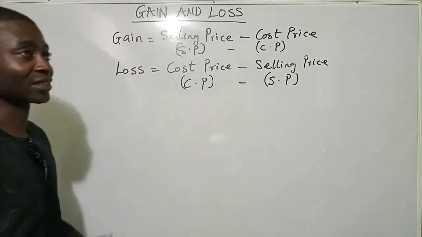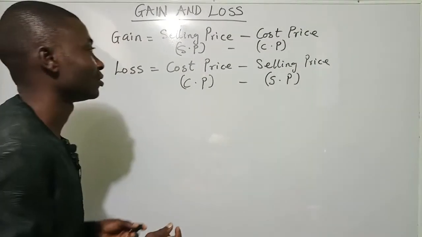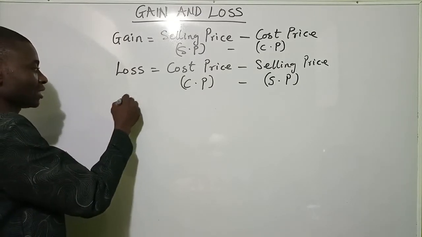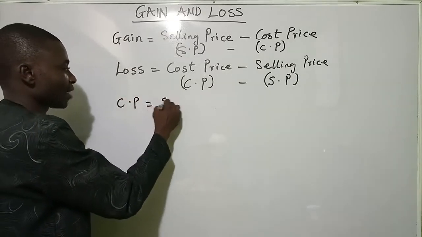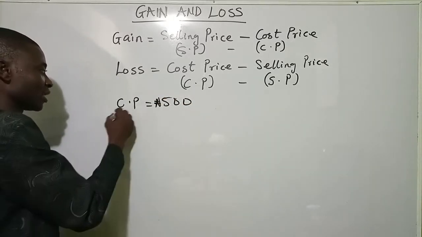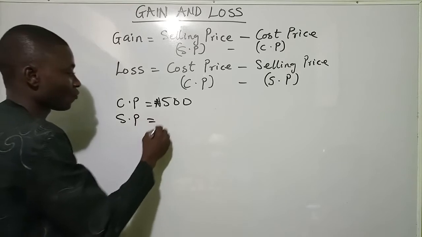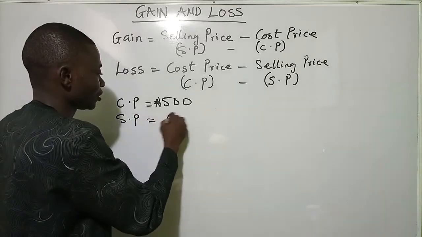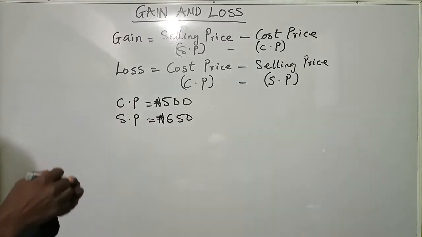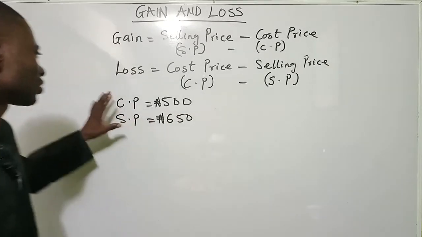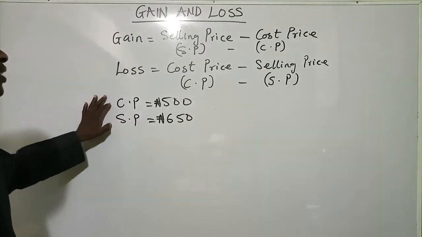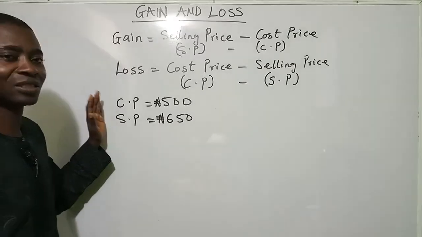Now, let's take for instance, imagine that a man went to the market and purchased an article costing him, let's say, 500 naira, and then brought it to the shop and sold the article for, let's say, 650 naira. Now, if I may ask, what do you think the question will be? Do you think the question will be calculate his gain or calculate the loss?